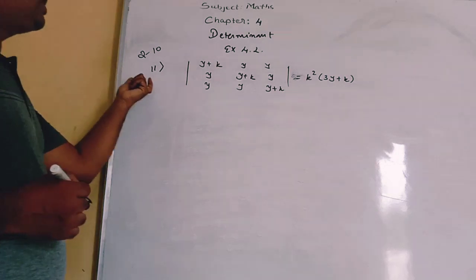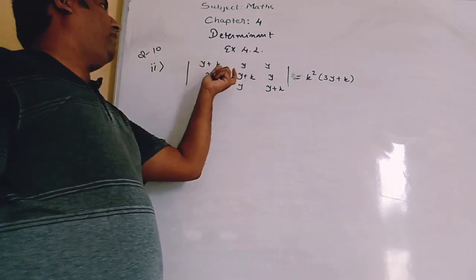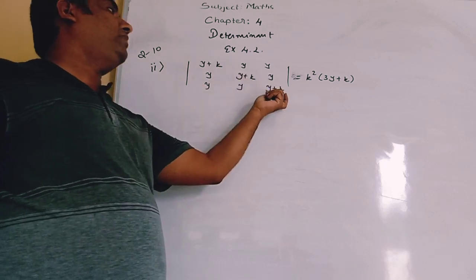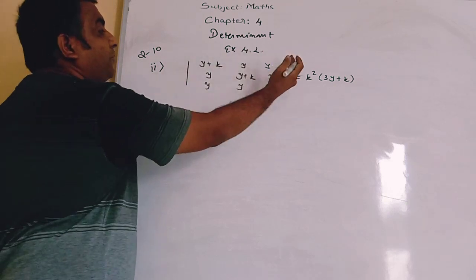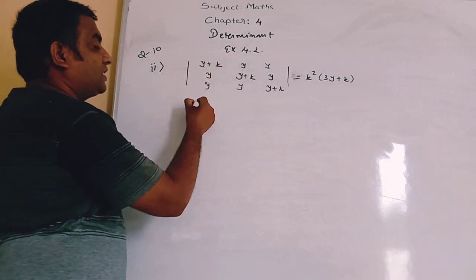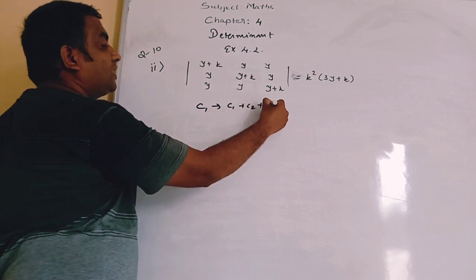Now in the second question we have y plus k, y, y; y, y plus k, y; y, y, y plus k equals k square into 3y plus k. So again these three columns addition we can see it is 3y plus k. So we take C1 transform into C1 plus C2 plus C3.